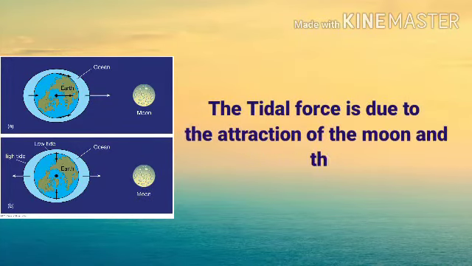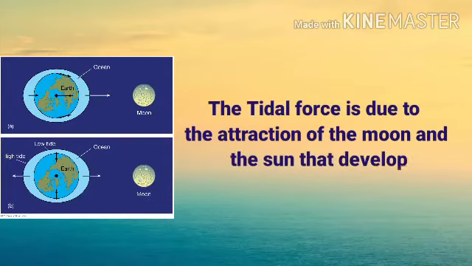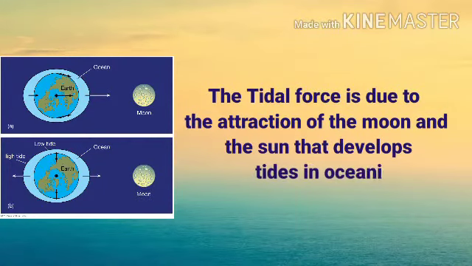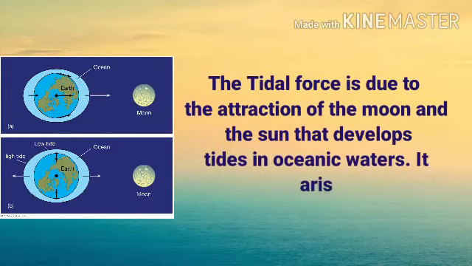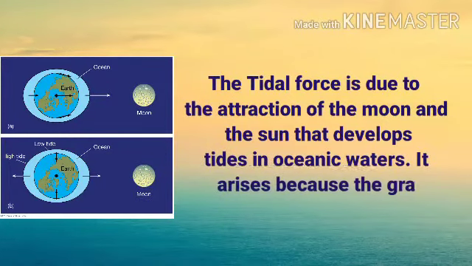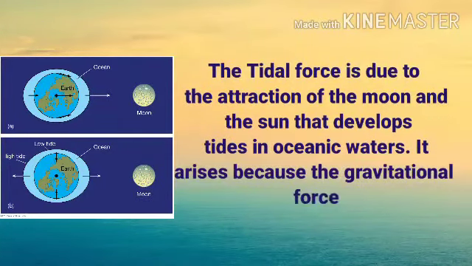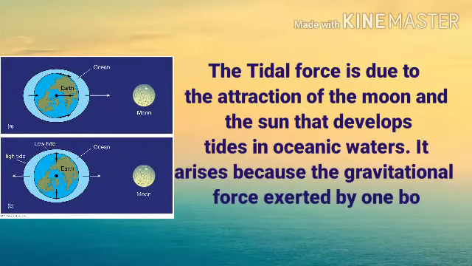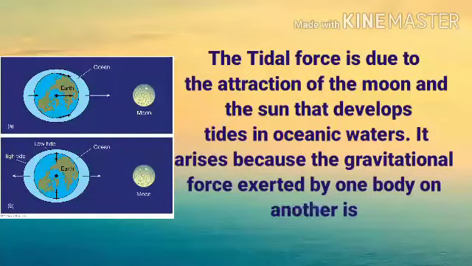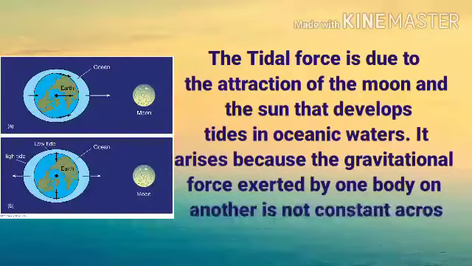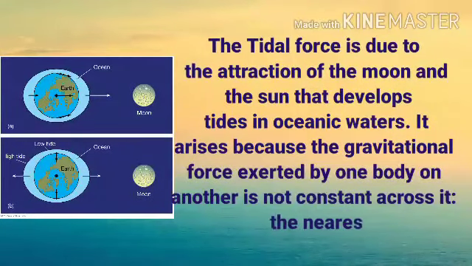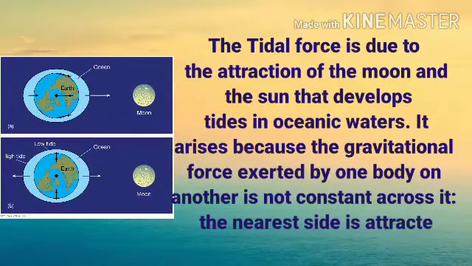It arises because the gravitational force exerted by one body on another is not constant across it. The nearest side is attracted more strongly than the furthest side.